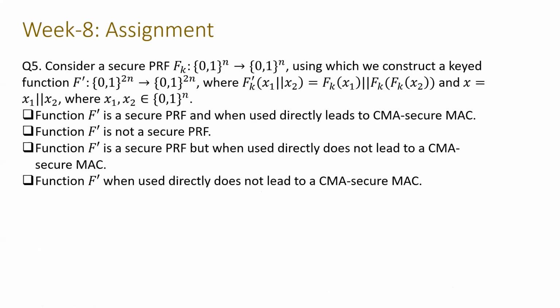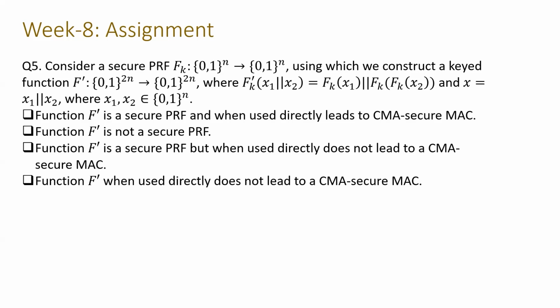Next question. Consider a secure PRF F_K, which maps n-bit binary strings to n-bit binary strings, using which we construct a function F dash, which maps 2n-size binary strings to 2n-size binary strings, where F dash_K for input x1 concatenated with x2 is defined as F_K of x1 concatenated with F_K of x2, and where x is x1 concatenated with x2.